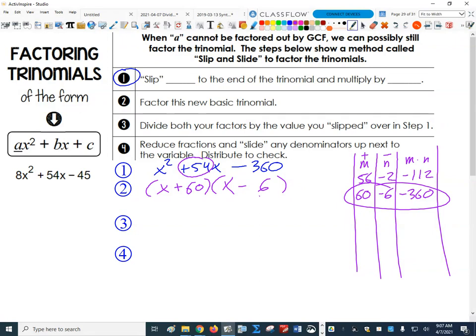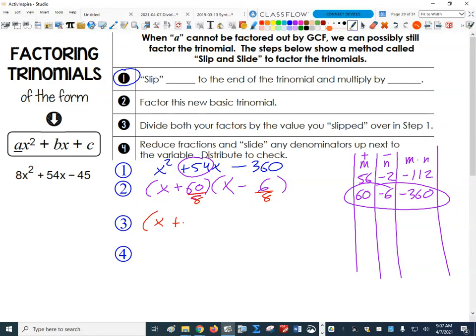I'm going to divide each magic number by what, everybody? 8, okay? So we divide by 8. We reduce, right? So if we reduce, what's that give us? What goes into 60 and 8? 4 does.